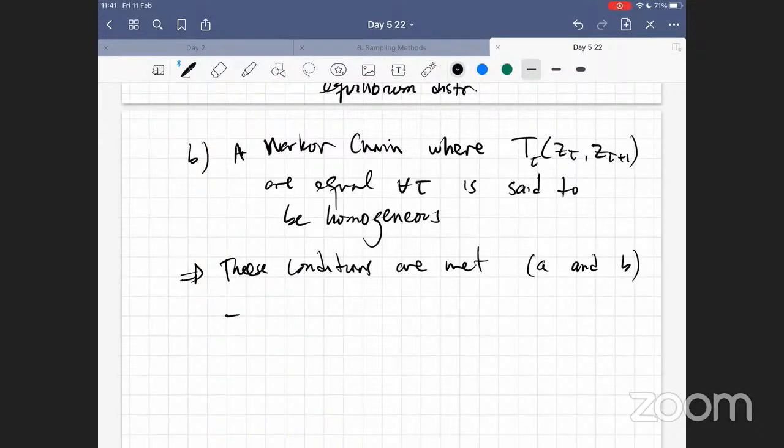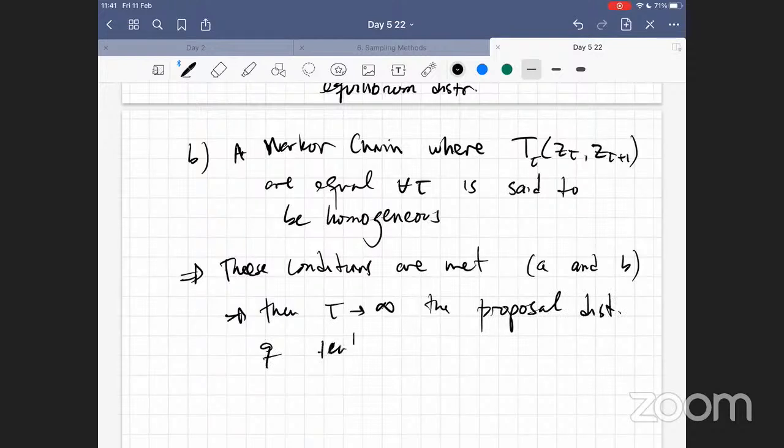that for tau going to infinity, the proposal distribution Q tends to the required distribution.